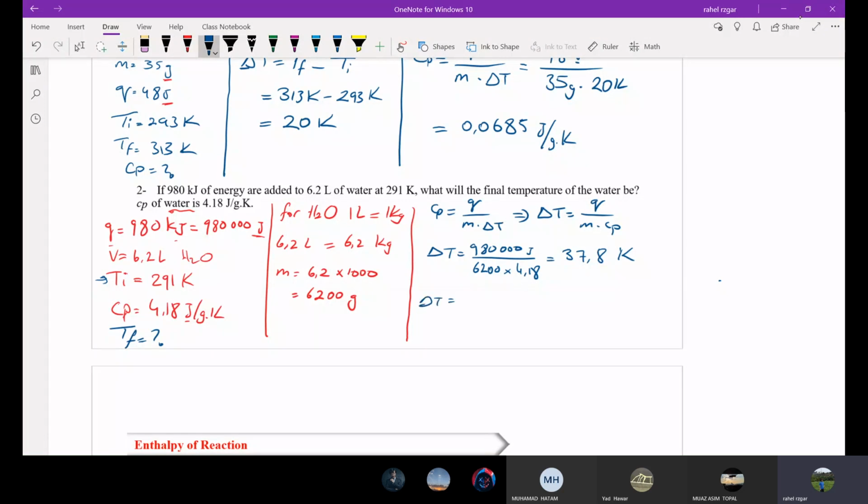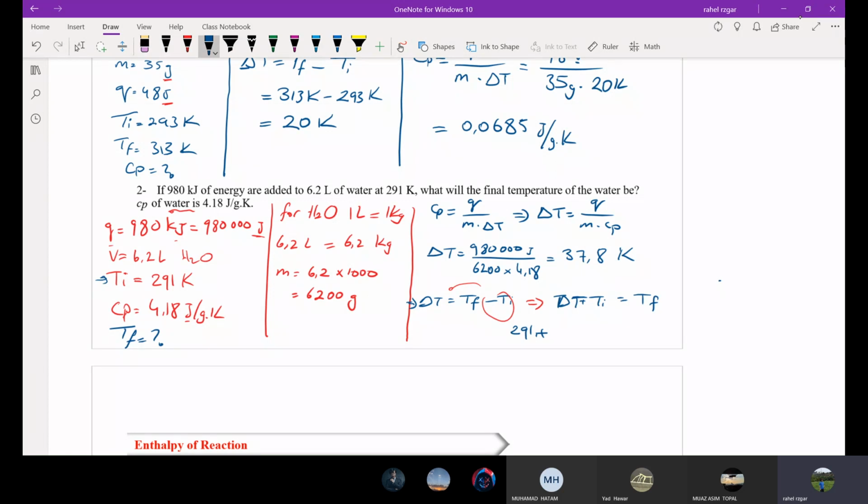So delta T is equal to T final minus T initial. We'll take this part to the other side: delta T plus T initial will be equal to T final.